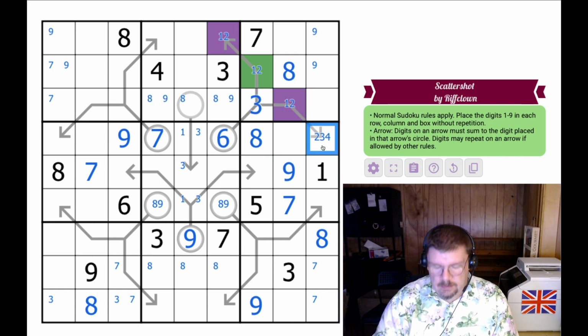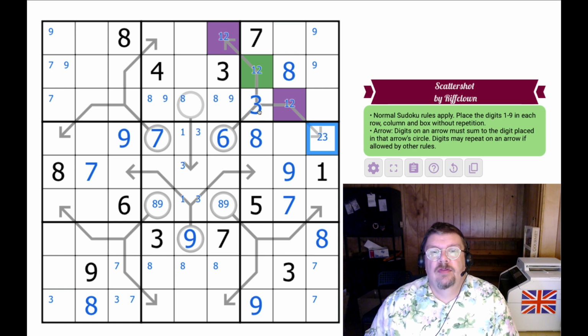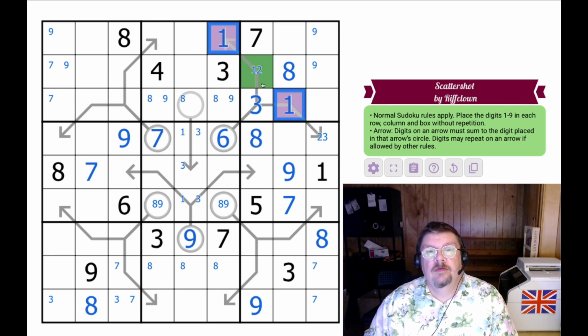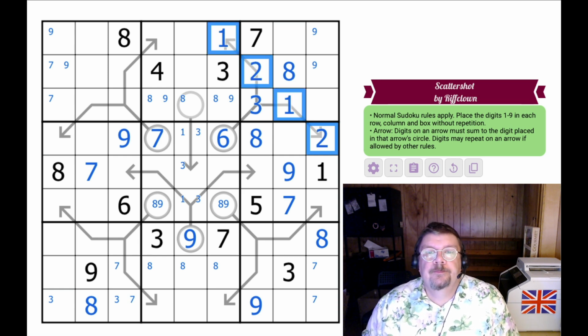I'm not sure. If that is 3, 1, then that's 2. And if that's 3, 2, then that has no fill because that would need to be a 1. So those are 1s, that's a 2, and that's a 2. I think that did its job.